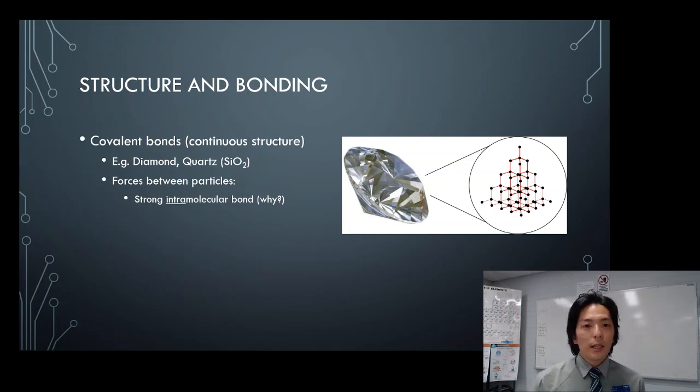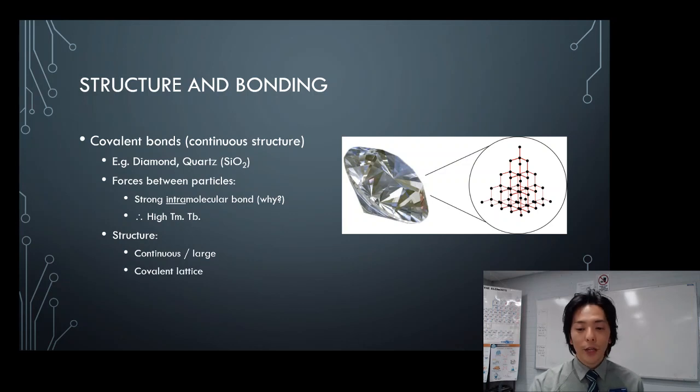Strong, because electrons are shared and it's gonna stay there. It's going to be really strong, and you can see that from property of diamond. I'm not sure if you have ever hammered a diamond, but that's one of the hardest elements that you can get. That also causes high melting point and boiling point, just like ionic structure, and structurally, it's a continuous large covalent lattice.